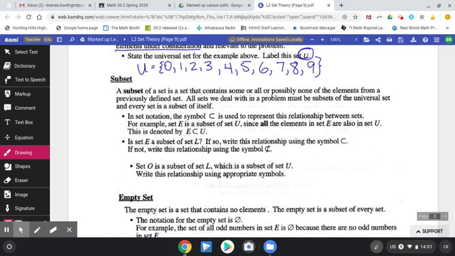Okay, subset. A subset of a set is a set that contains some or all or possibly none of the elements from a previously defined set. All sets we deal with in a problem must be subsets of the universal set, and every set is a subset of itself. That's kind of a weird little rule, but it's a good one. It comes in handy a little bit later on. Every set is a subset of itself.